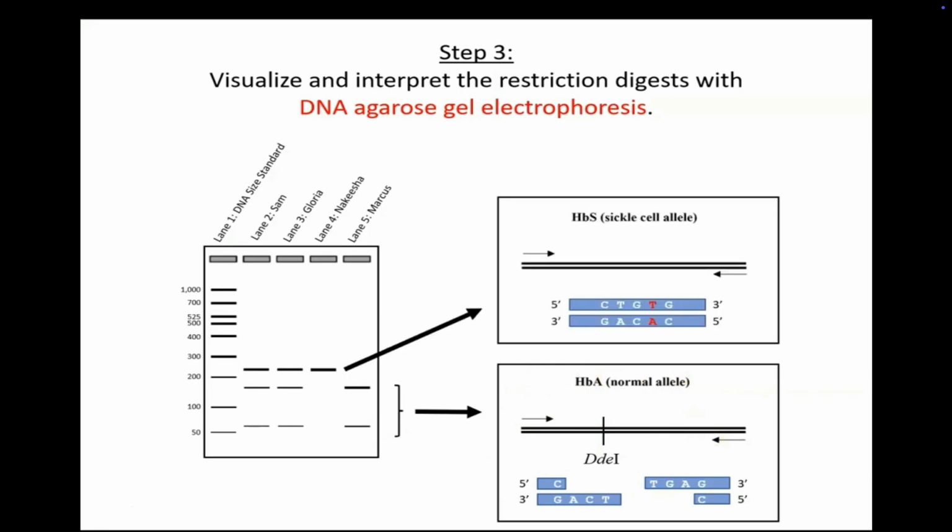Now recall that the sickle cell or mutant allele, HBS, has no DDE1 restriction site because of this mutation. So we are just left with a single fragment of DNA, our original PCR product. And that's this larger band that we see on the gel. I'm going to leave it up to you then to figure out the genotypes and phenotypes, or diagnosis, of each of the family members based on your gel results.